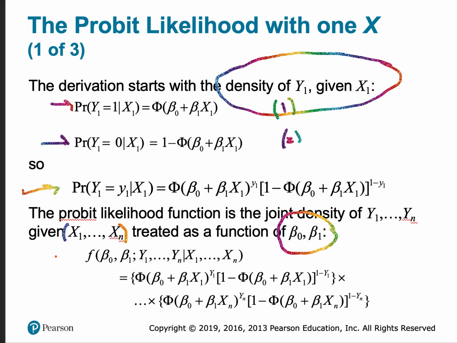So this joint likelihood that the different observations on y1 through yn equal 1 or 0 is a function of beta naught and beta 1 given the values of the independent variables x1 through xn, and is equal to, as we saw in the previous video, the product of their densities for y1 through yn.